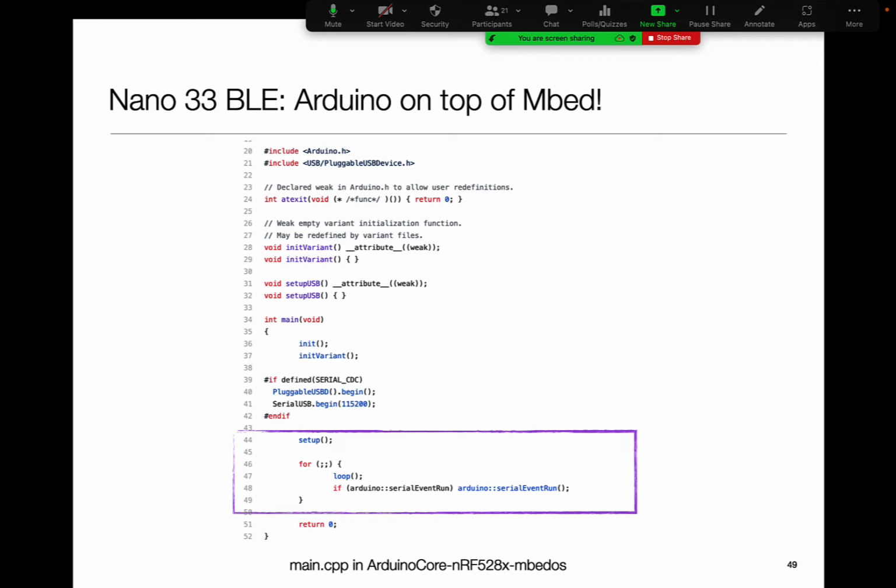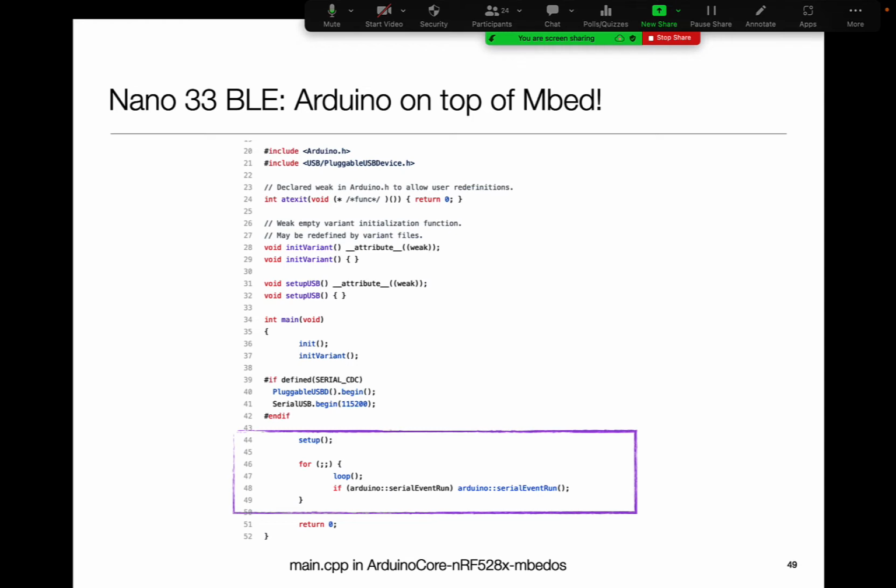The main part is that Arduino essentially provides this abstraction that there is a setup function which is called, as you see out here. If you look at the code inside the purple box, that's how Arduino in general exposes itself to an application.